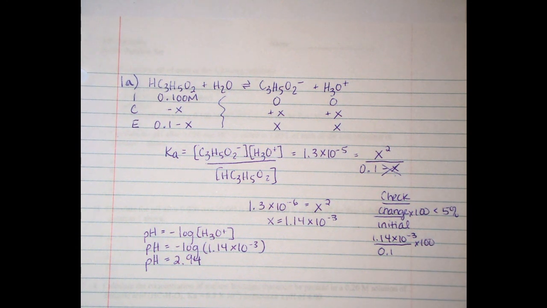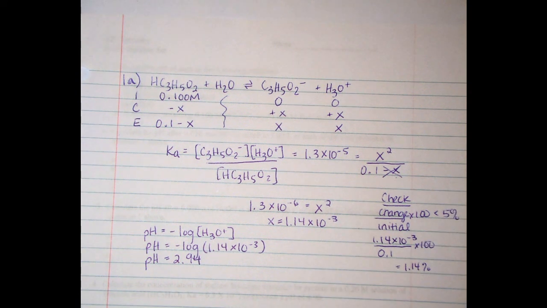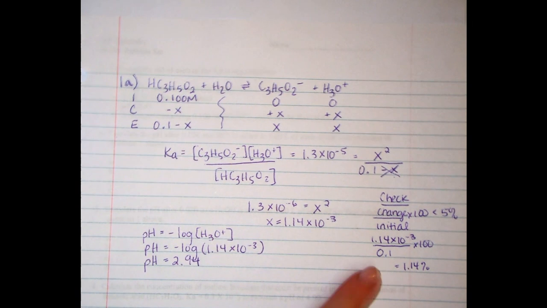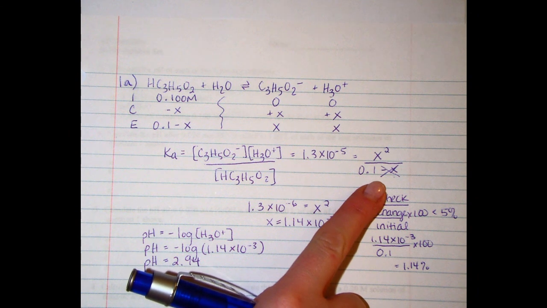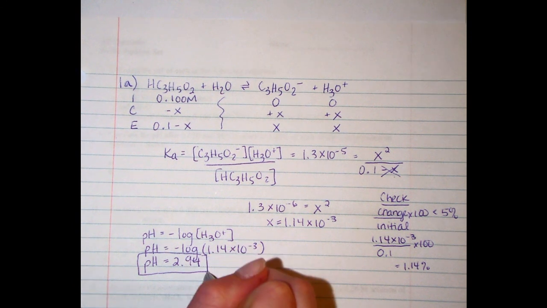So if I put that in my calculator, divided by 0.1, I get 1.14. Because the change is only 1%, it doesn't actually make enough of a difference that it's going to matter up here. So this assumption that we got rid of this x is okay. So my official answer that the pH is 2.94 is all set.